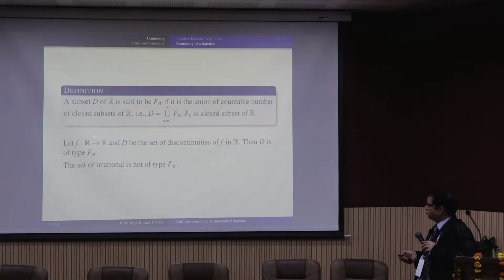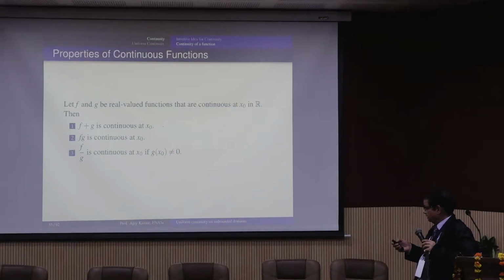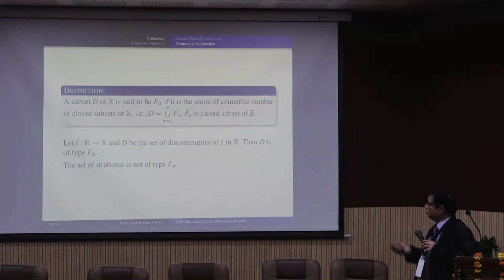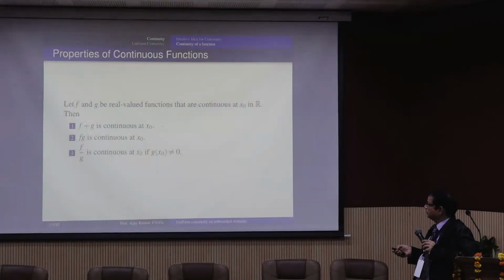Then you prove that the set of discontinuities of any function is an F sigma set, and the set of irrational numbers is not an F sigma set. The meaning is that there is no such function with this property. It remained quite an open question for quite some time, but now we know this very well.